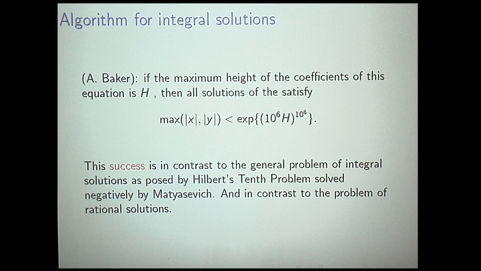Perhaps one should brood a little bit about making a distinction between bounds that are realistic and bounds that are not. But it's a success. And the success is in contrast to the general problem as solved by Matiyasevich, and is in contrast to the problem of rational solutions, where even today we have a beautiful algorithm for computing all rational solutions of elliptic curves, and if I have time, perhaps I'll mention it on the board.